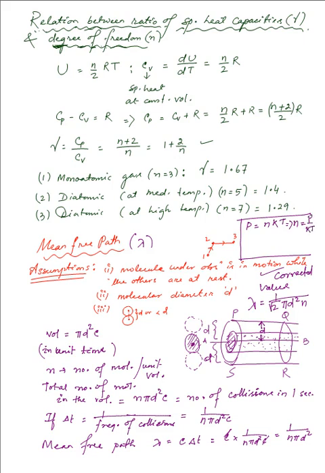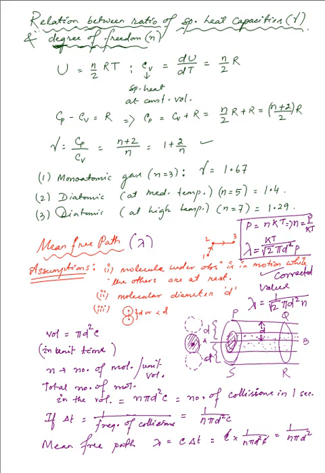This P over kT can be put there instead of n, and we have the expression for the mean free path to be equal to kT over root 2 pi d square P, where P stays down in the denominator and kT goes up.